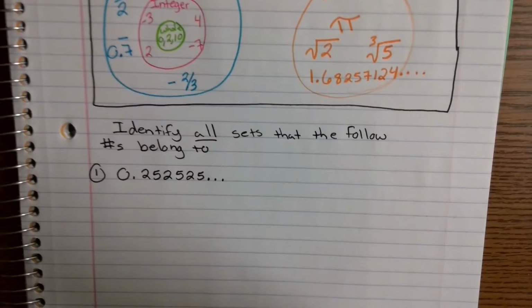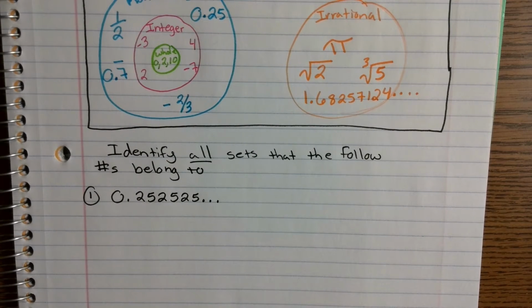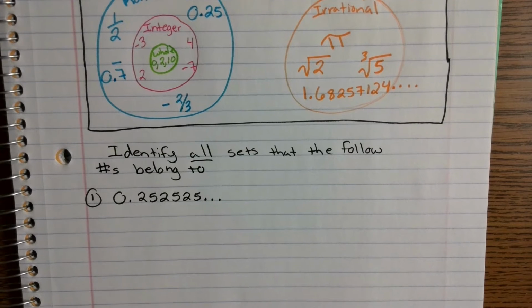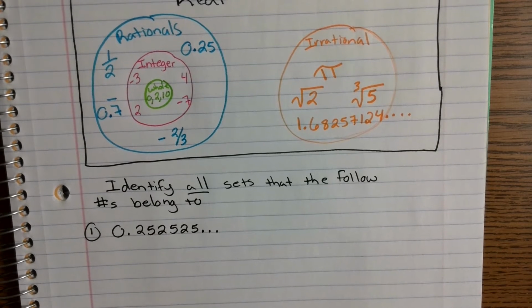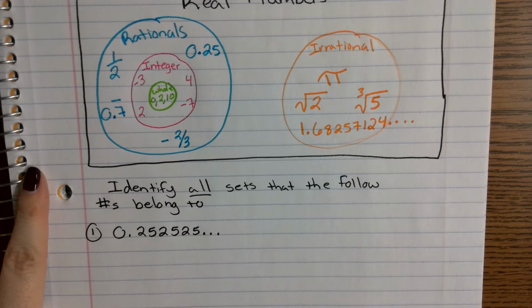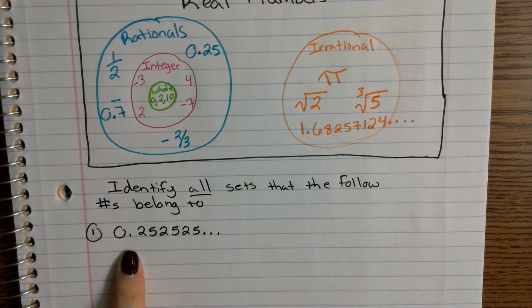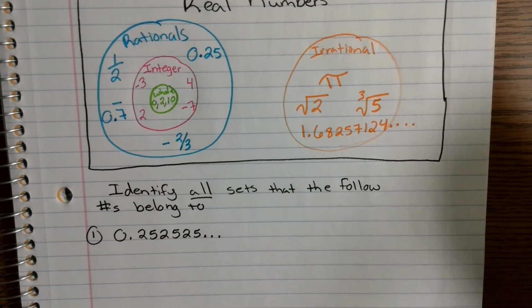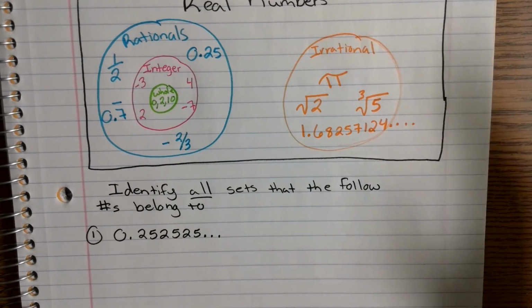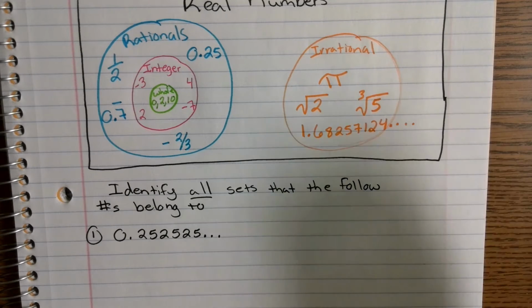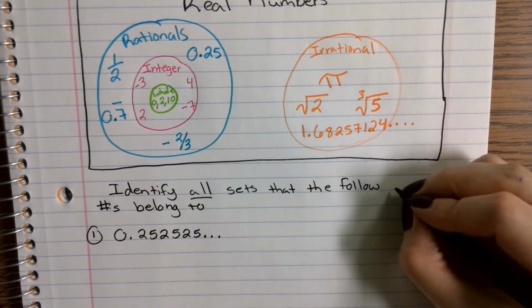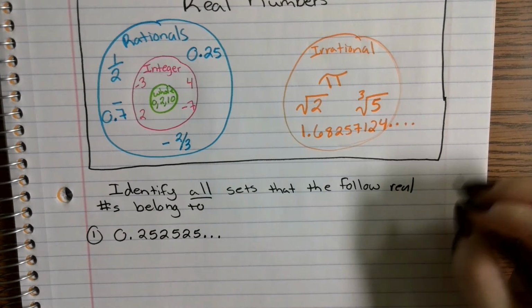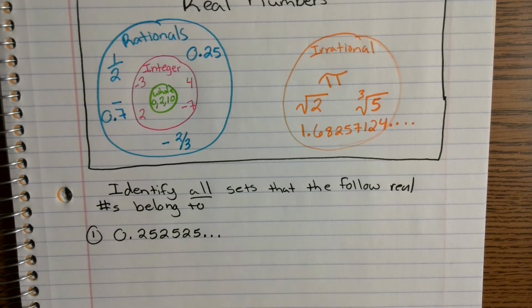All right, so given the following, we've got 0.25, 25, 25, and then dot, dot, dot. So what set does this belong to? So the first thing you identify is that these are all going to be real numbers that I'm giving to you. So you don't have to put down that it's a real number. Identify all sets the following real numbers belong to. So you don't have to identify that they're real. We already know it's a real number.